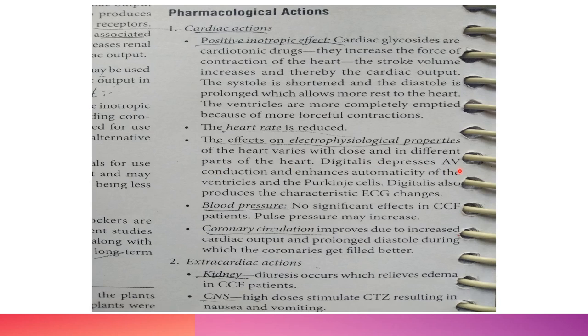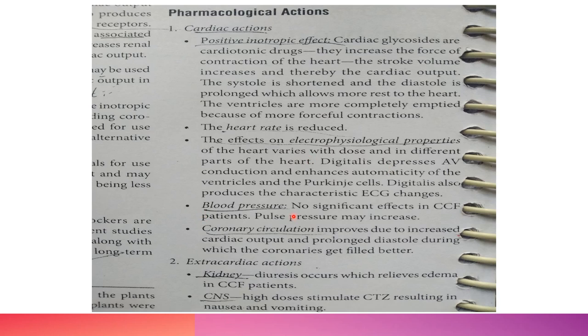Digitalis depresses AV conduction and enhances automaticity of the ventricles and Purkinje fiber cells. Digitalis also produces characteristic ECG changes. Digitalis is nothing but digoxin.